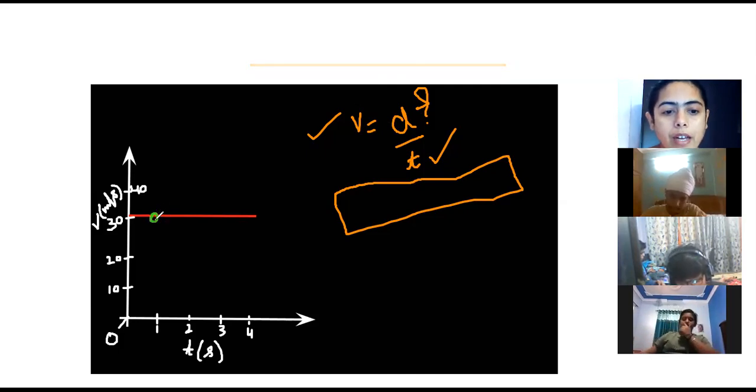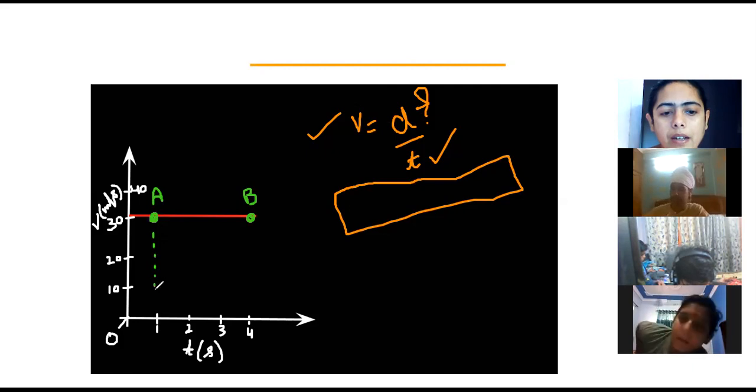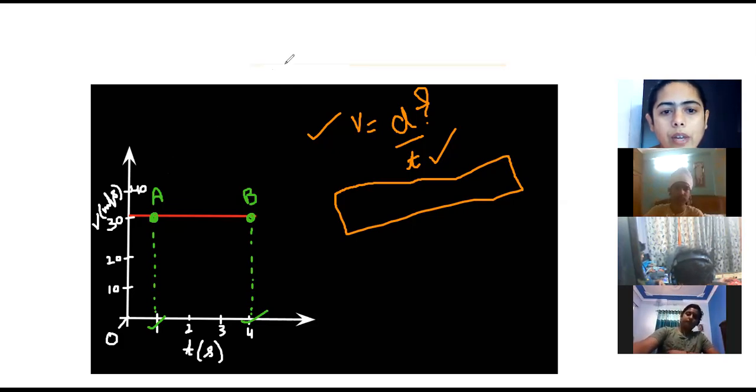Let's say we have to find out the area from point A to the next point B. First thing we are going to do is straightway extend it onto the time axis wherever it will meet. Same way from B, extend it onto the time axis wherever it will meet. Now what figure are you getting? Whatever figure is formed, you are going to find out the area of that figure.